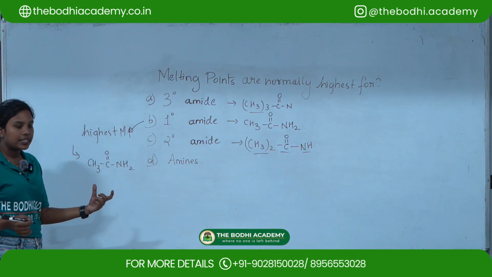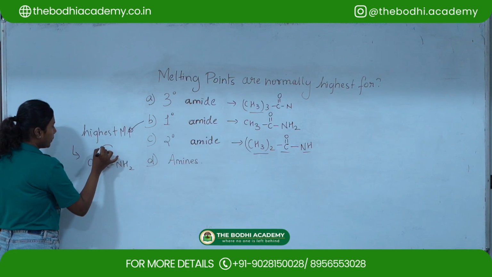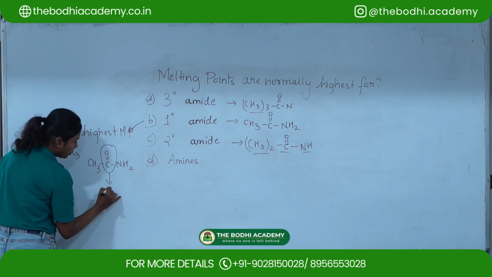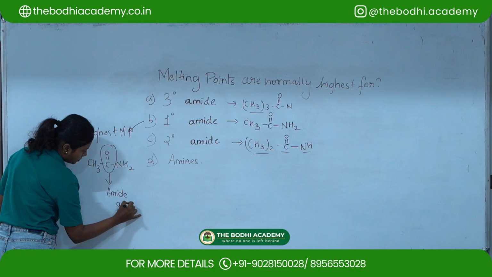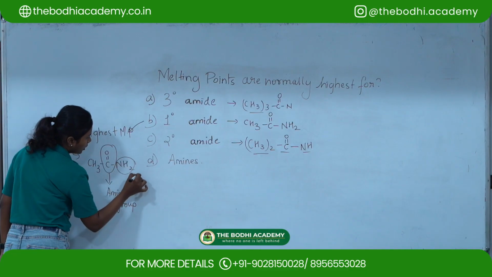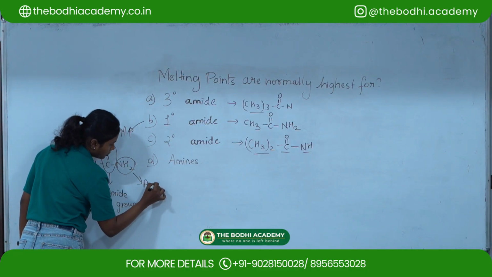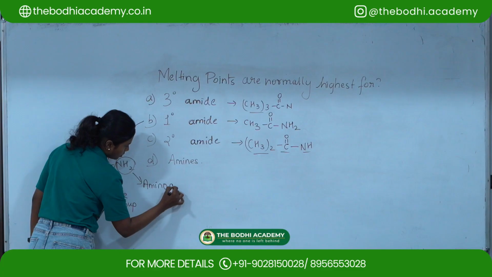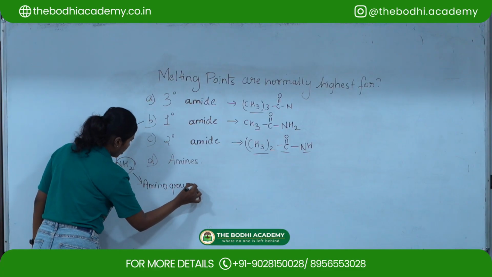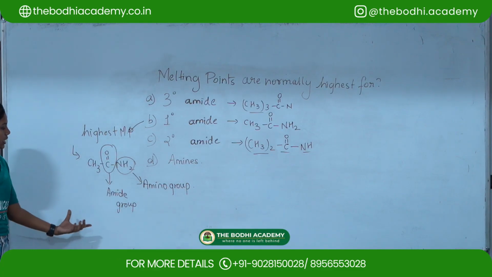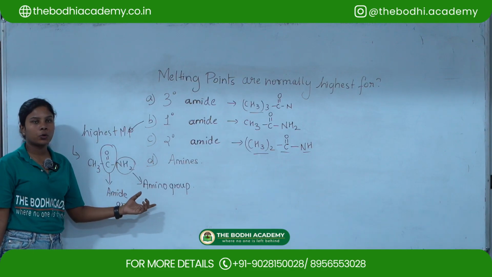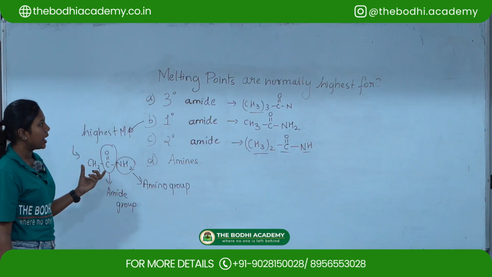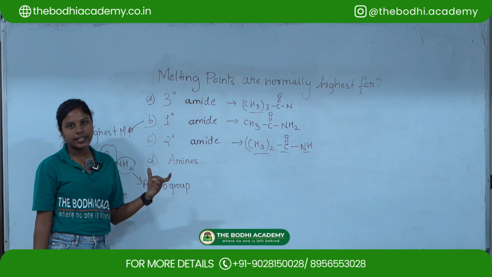So here we see there is a strong bonding between the amide group and also the amino group. Because of the presence of these two groups together, the amide group and the amino group, this primary amide is going to have the highest melting point.